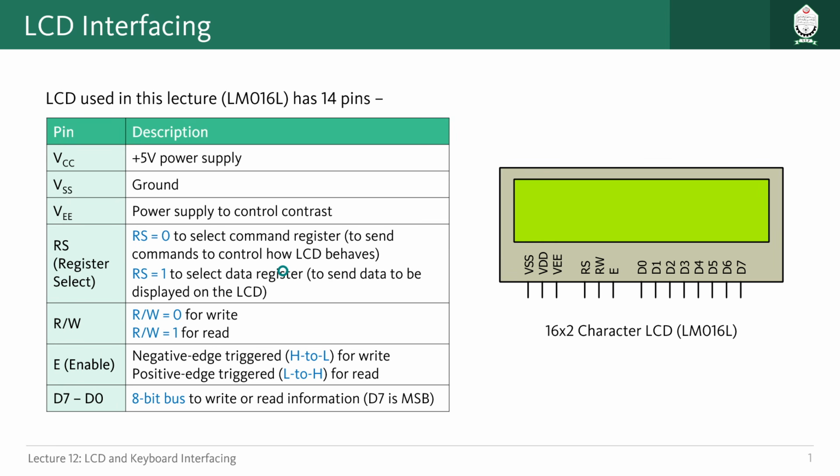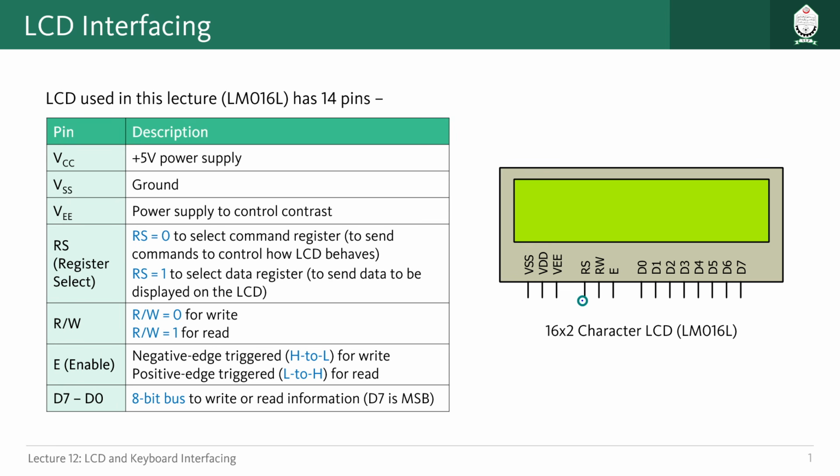Whenever we send any kind of character data that has to be displayed, it is first of all stored in the data register. So for this particular pin RS or register select, we basically select in which register we want to save the data.